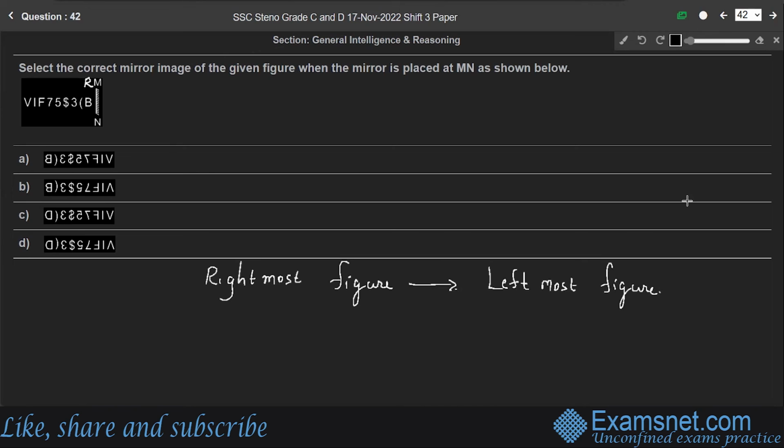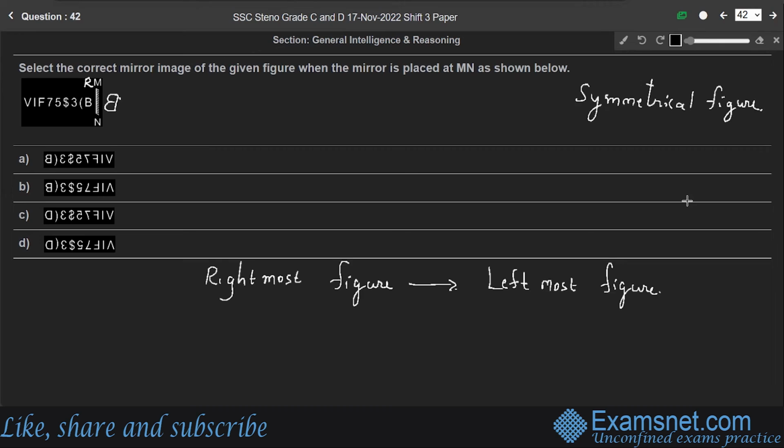Therefore, in the image part, B appears first. So the image of B will be like this, since B is a non-symmetrical one. You have already studied symmetrical and non-symmetrical figures. Symmetrical figures are figures where an imaginary line passing through the figure divides it into two equal parts. It may be a shape, a number, or any letter.